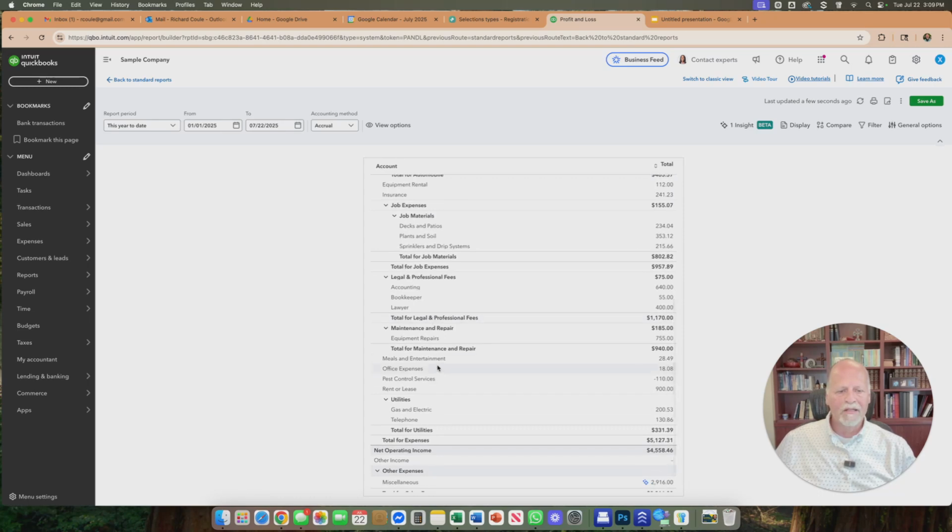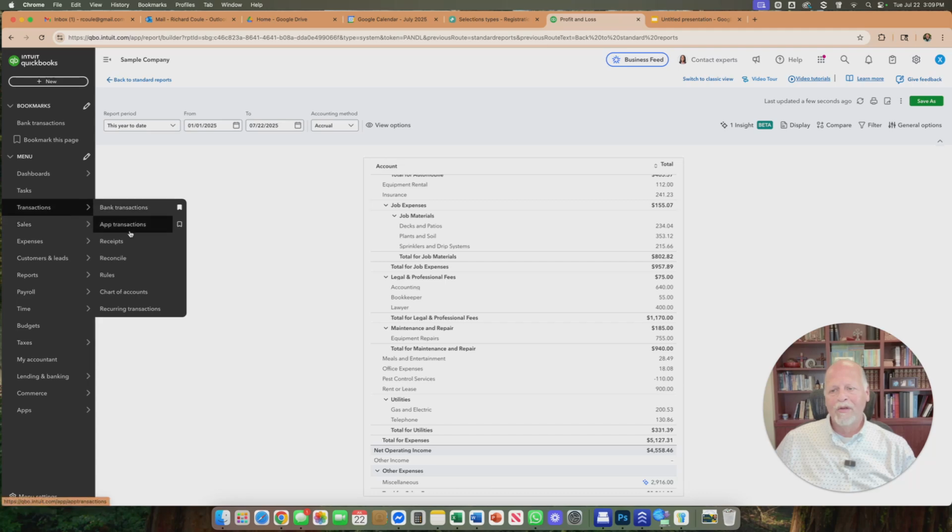Now we're going to find this pest control services down here on the bottom. You'll notice, however, that it now has a negative in front of it. What would be a negative expense? Well, a negative expense is actually income. Why do we have a negative expense? Well, because this was money deposited into the bank account and tagged pest control.